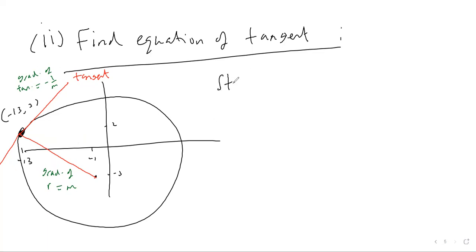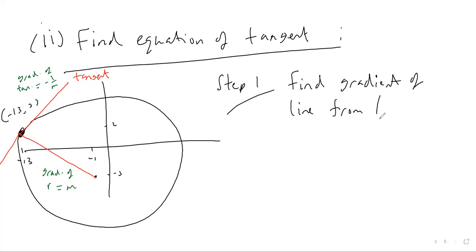So step 1 is to find the gradient of the radius. So find the gradient of the line from the coordinates -1, -3 to this -13 and 2 point up there.